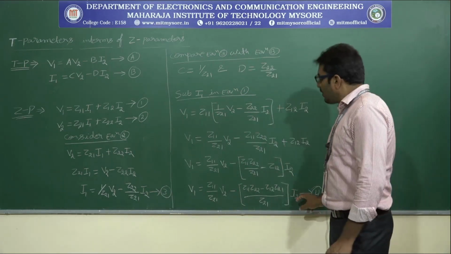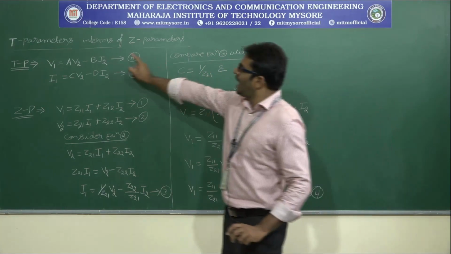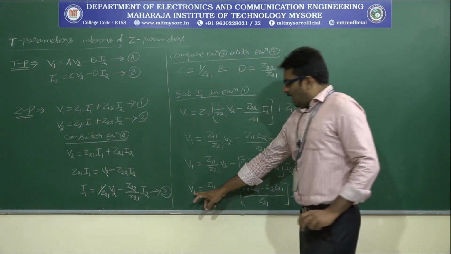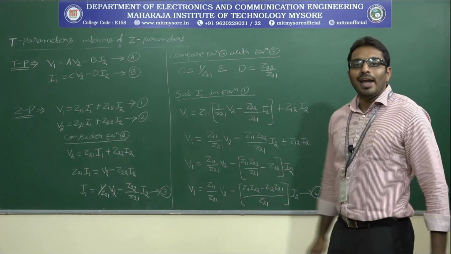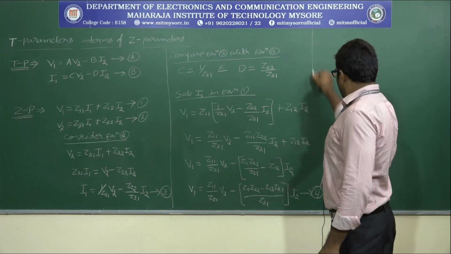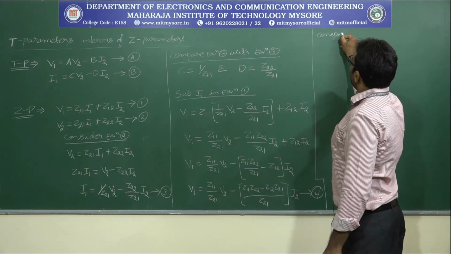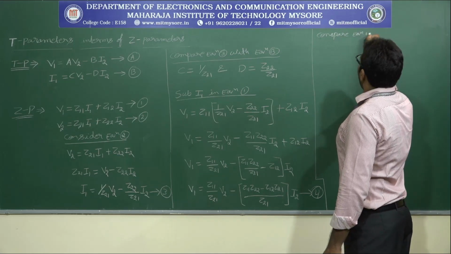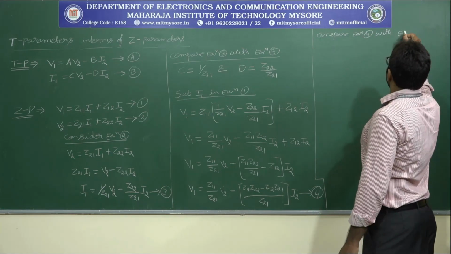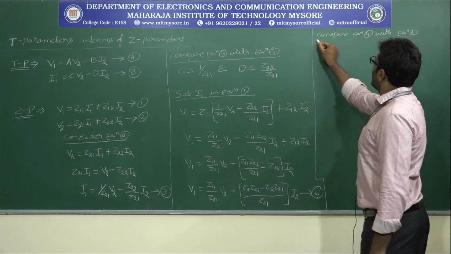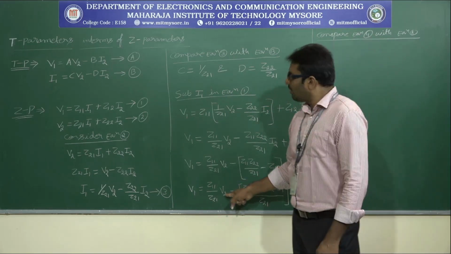So can we compare this equation 4 with A? Yes. V1 is a dependent variable, whereas V2 and I2 are independent variables. Therefore, what is the next step? Compare equation 4 with equation A. By comparing equation 4 with equation A, what is the coefficient of V2 there?